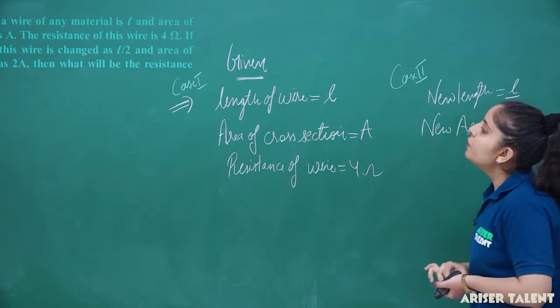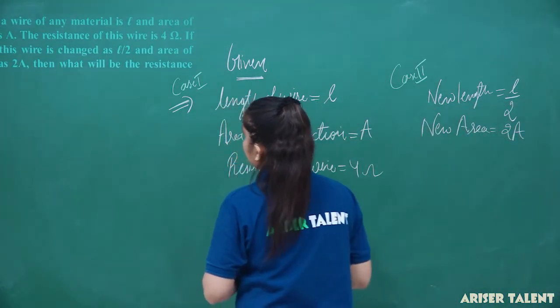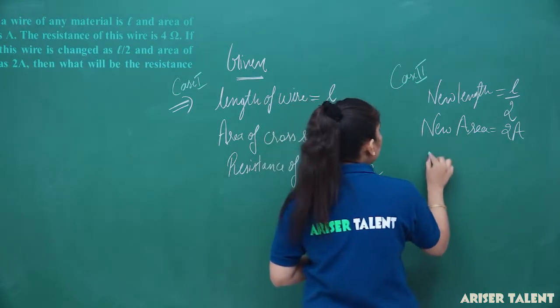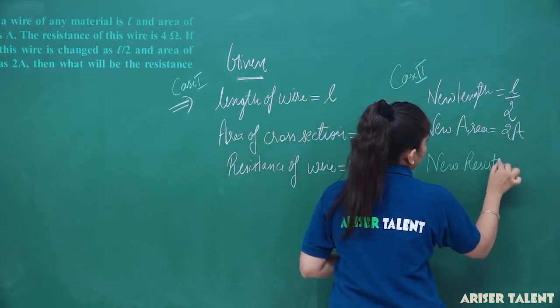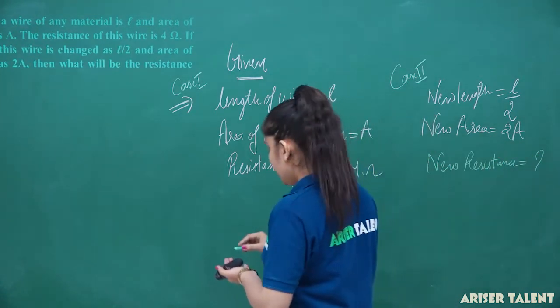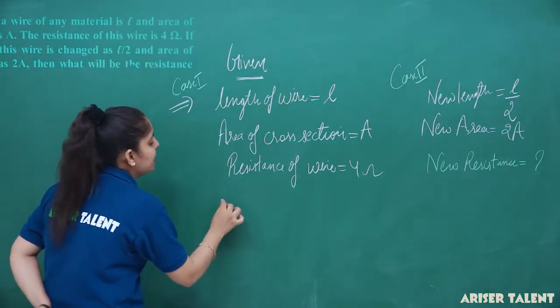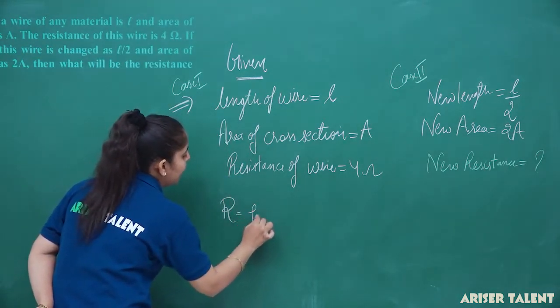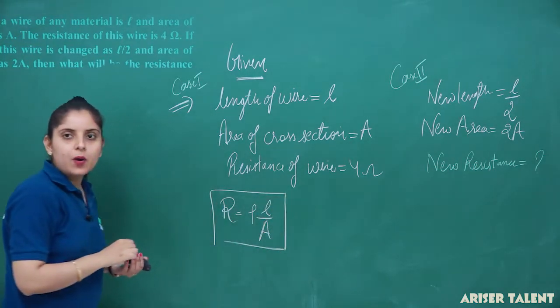Then, what will be the resistance in case 2? Now, you have to determine the new resistance. You have a formula of resistance that is R equal to rho L by A. This is the formula for calculating the resistance.